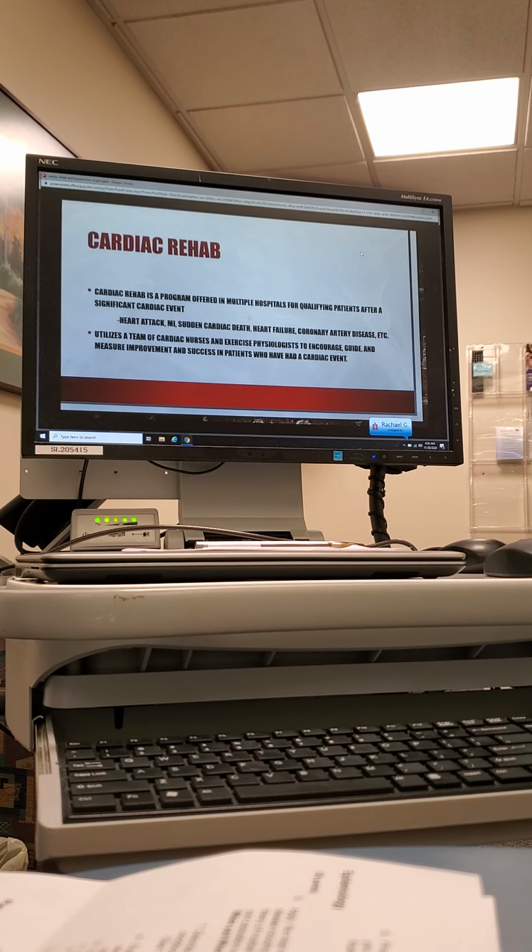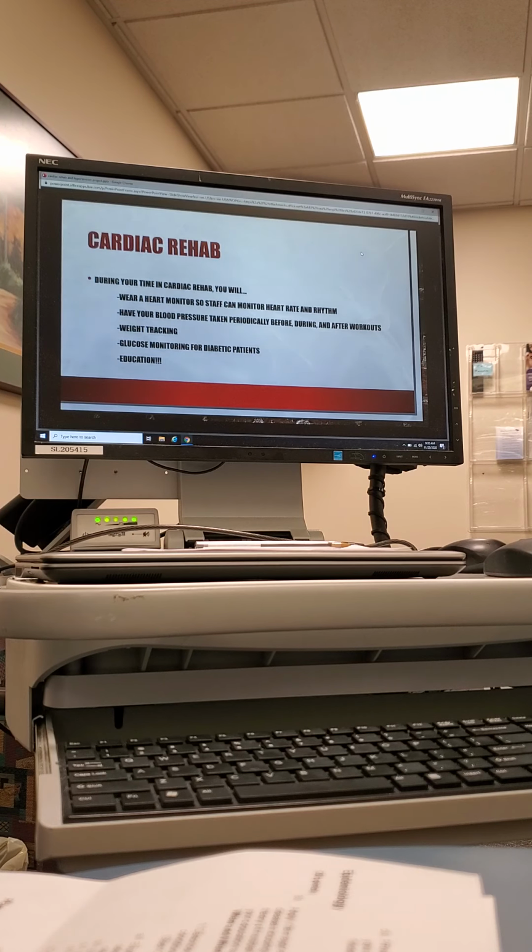We measure your blood pressure before, after, and sometimes during your workouts and between workouts. We also measure blood sugar in diabetics, because we want to know what their fasting blood sugar is if they ate in the morning, because blood sugars can drop with exercise.